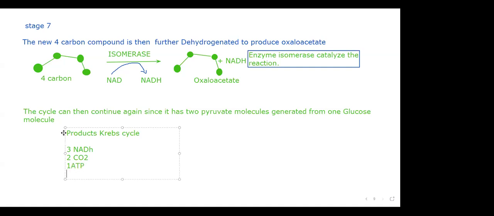How many FADH? So this is for one pyruvate.